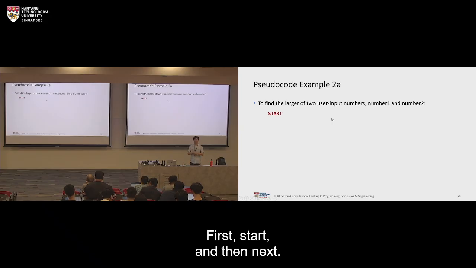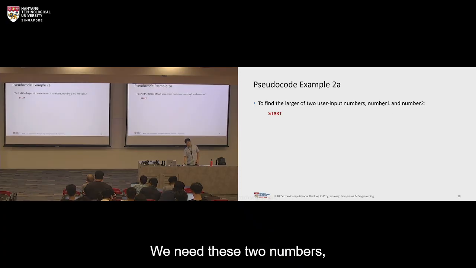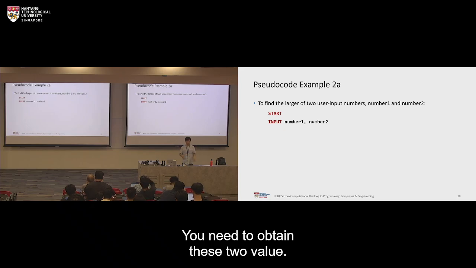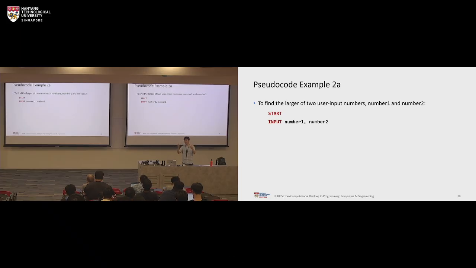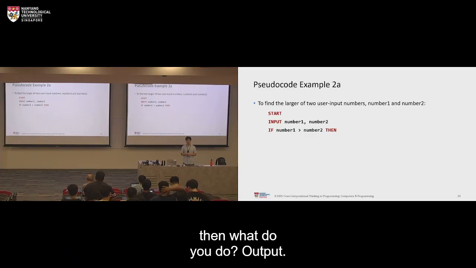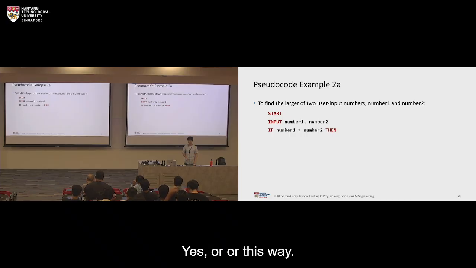First, start. And then next, we need these two numbers, right? Input number 1 and number 2. You need to obtain these two values. Next, you have to compare them, right? If number 1 is larger than number 2, then what do you do? Output. Yes.